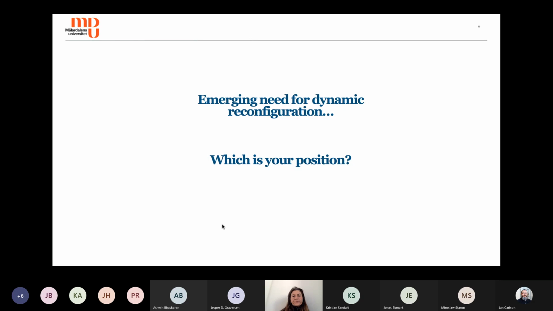So from what I have presented myself, I consider that there is an emerging need for dynamic reconfiguration. I do not have solutions here. My aim was to raise interest, understand the position, and eventually work together in order to propose a project in the context of the software center.